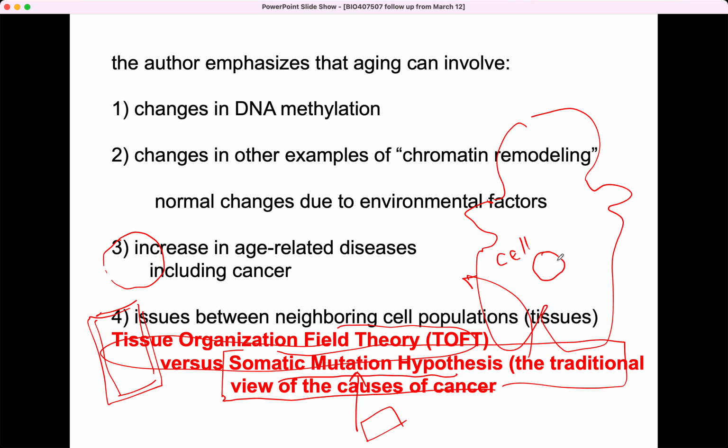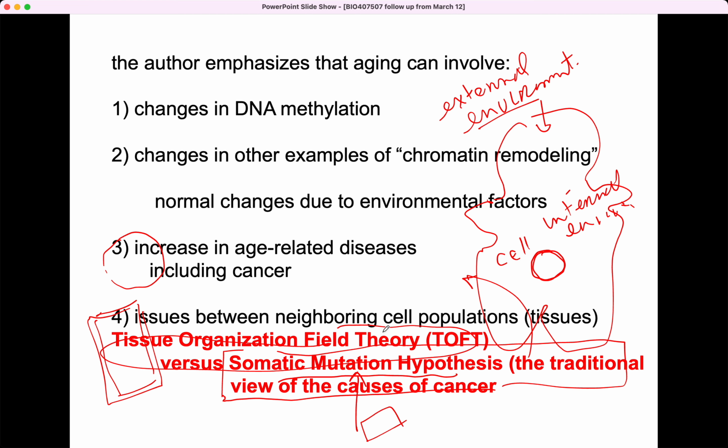And so when we talk about the environment, to us, we think of the environment as what the author calls the external environment, but the cell is really responding to the external environment and the internal environment as being the environment.